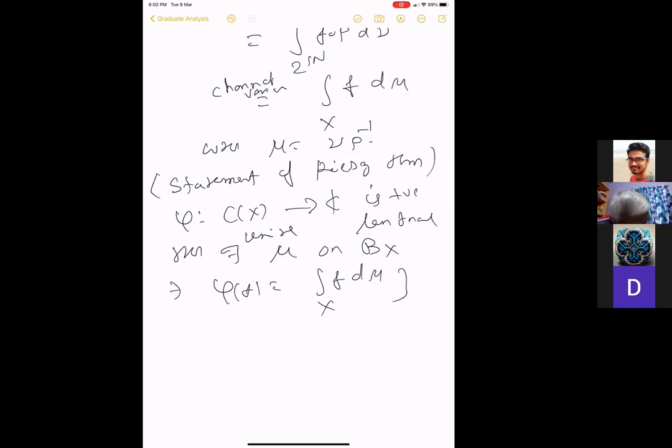You want to take C of x taking values in R?